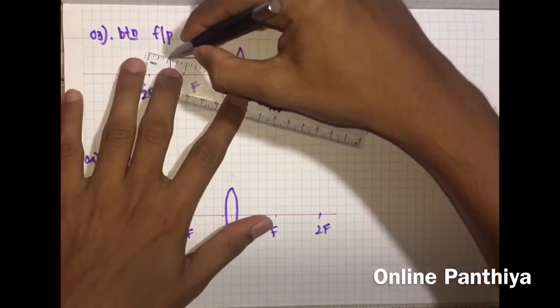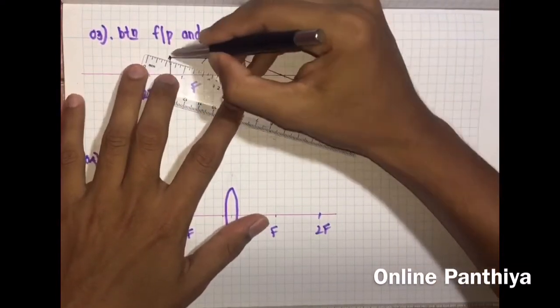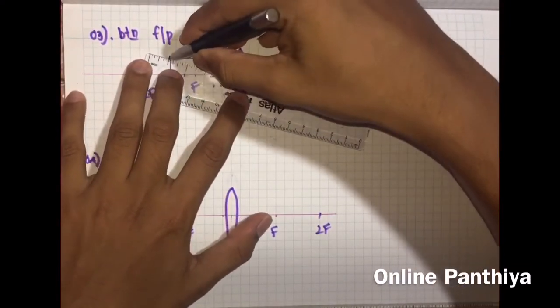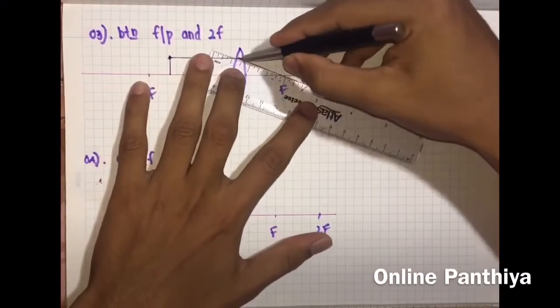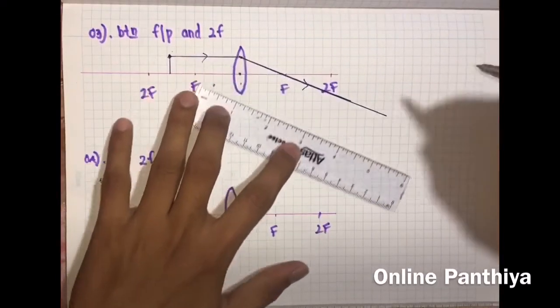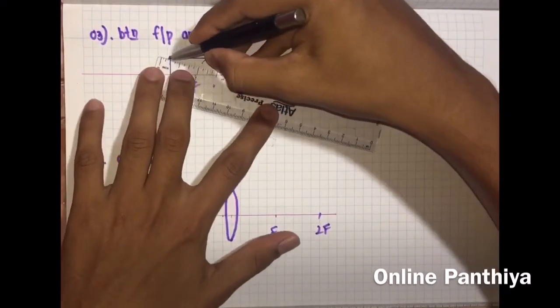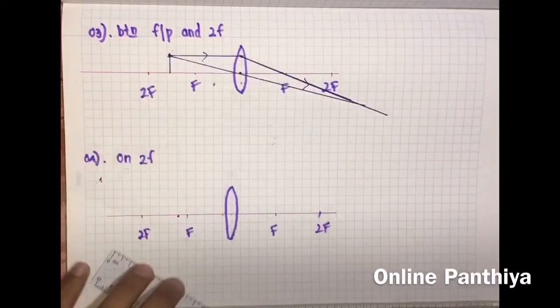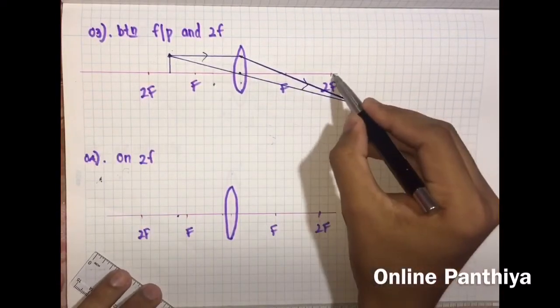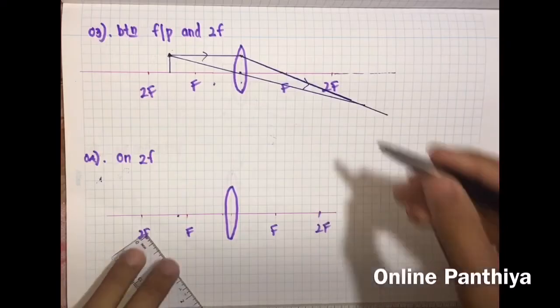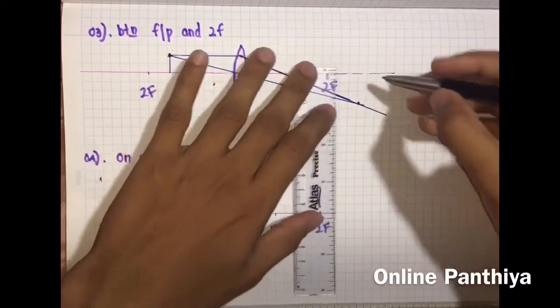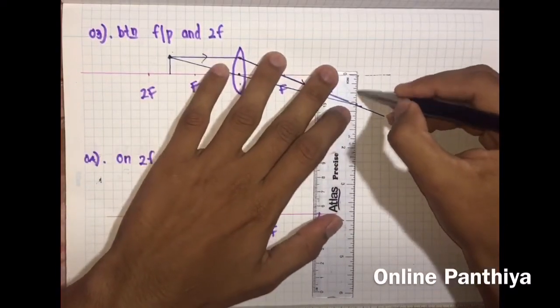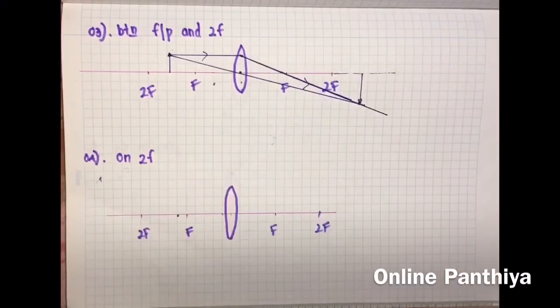What is the next type? Yes, you can draw the ones which go through the optical center. Let me extend this. Now what has happened here? Look here. This is where the rays are meeting, so this is where the image is formed.